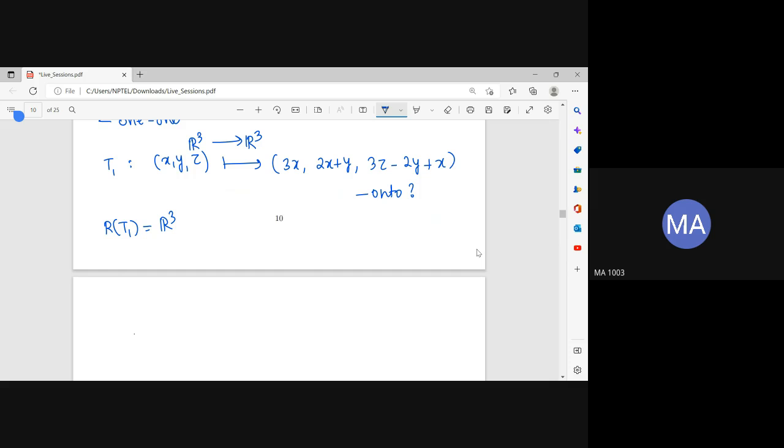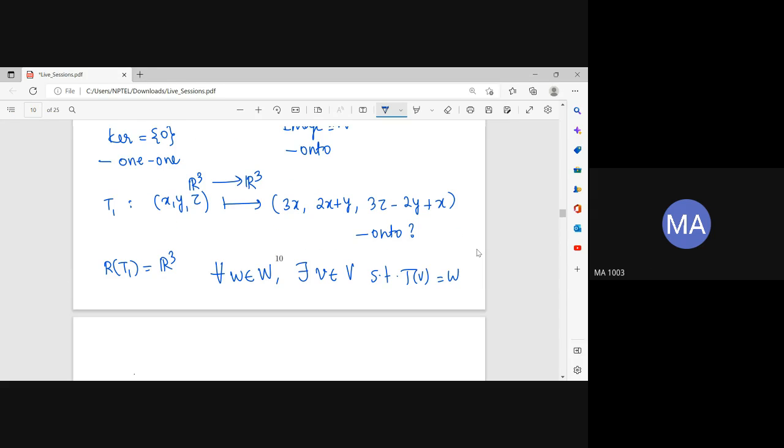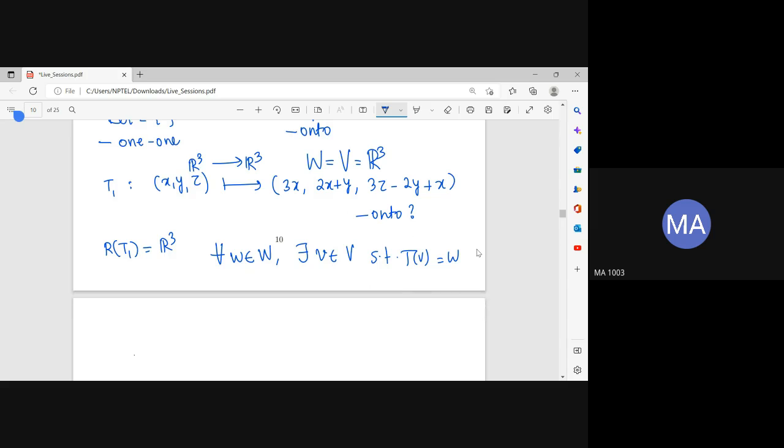That is, you pick any point in the codomain. For every W in capital W, you should find a pre-image such that T of V is equal to W. Agreed? So pick any W in capital W. What is the capital W here? Both domain and codomain are R3, right?